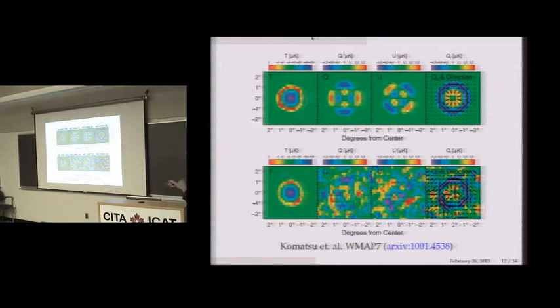And so if you're sitting on this feature here, photons are flowing in towards the center. So you have a convergence of radiation, and that couples to polarization through Thomson scattering, and you get these radial polarization vectors around your peak.